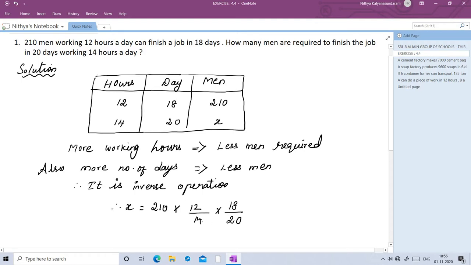Then if it is possible to cancel, we cancel. 0, 0 we can cancel. 7 table, 2 7s are 14. 3 7s are 21. Then 2 table, 9 2s are 18. So 3 into, again 2 6s are 12.